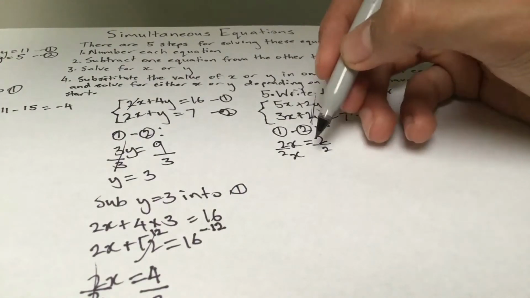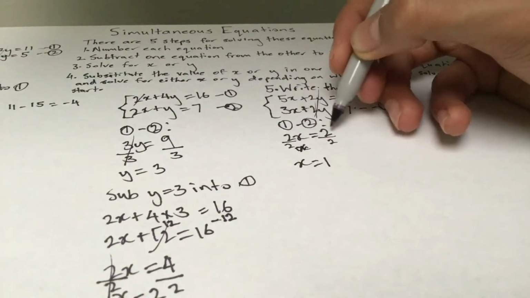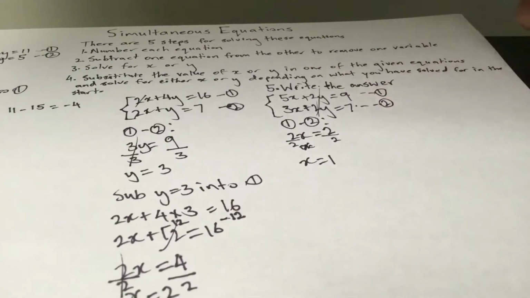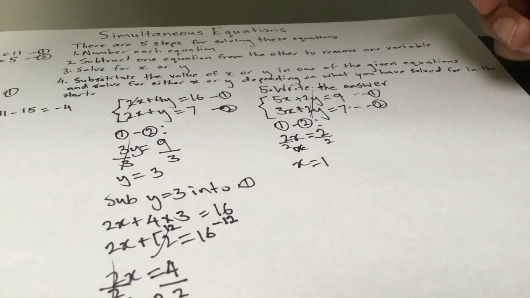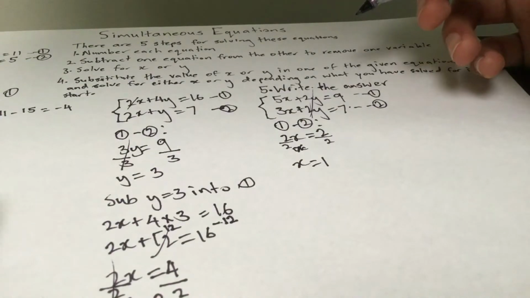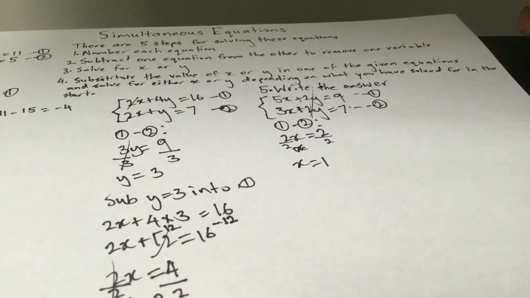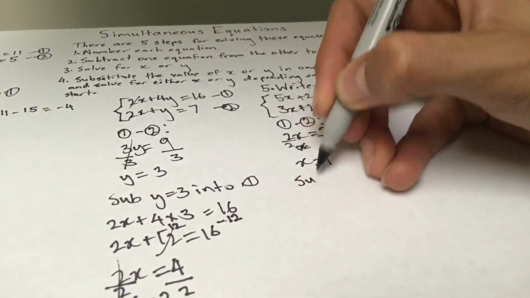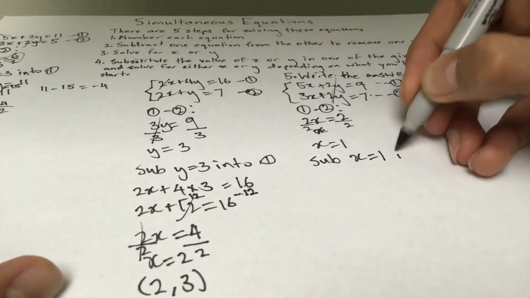We divide by 2, so now we're left with x equals 1, because 2 divided by 2 gives us 1. So now we've solved for x or y. Now let's move on to step 4, which is substituting the value of x or y into one of the given equations.